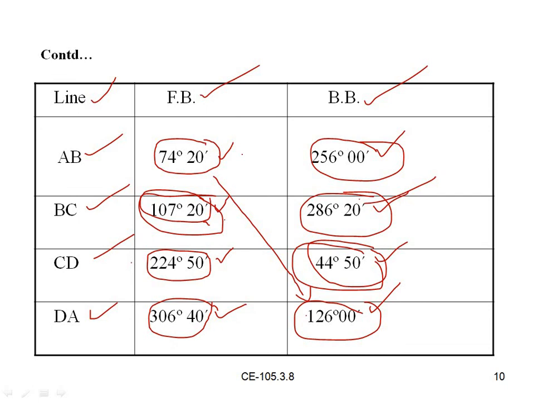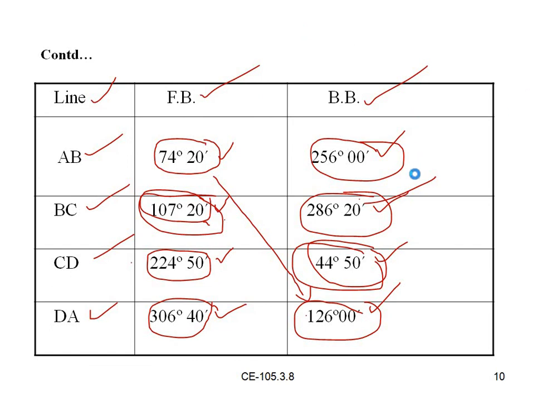Then 107 degrees 20 minutes minus 286 degrees 20 minutes, we will get one value. Then 224 degrees 50 minutes minus 44 degrees 50 minutes. Meanwhile 306 degrees 40 minutes we will get. In these cases, this type of problem will occur.